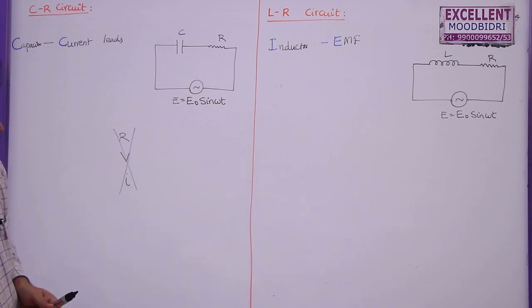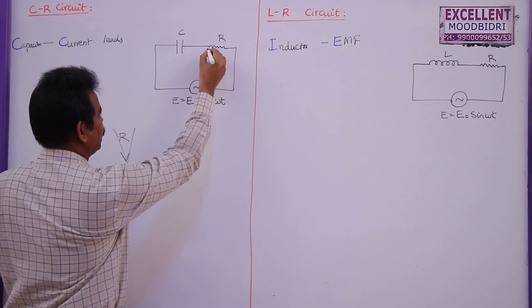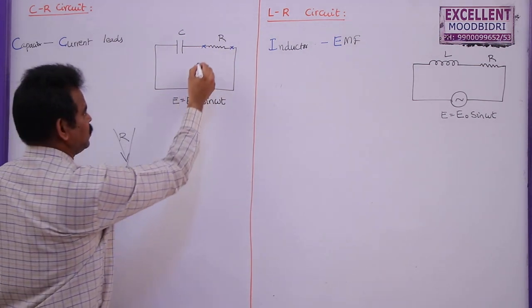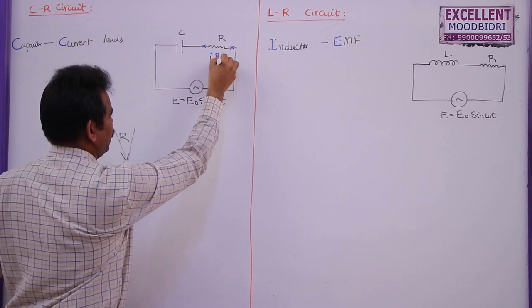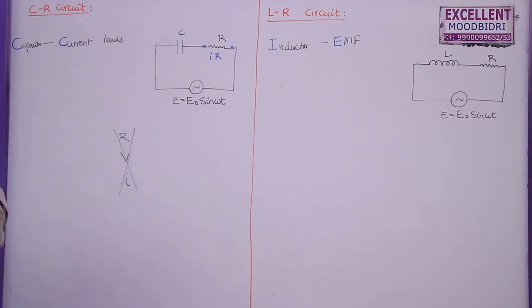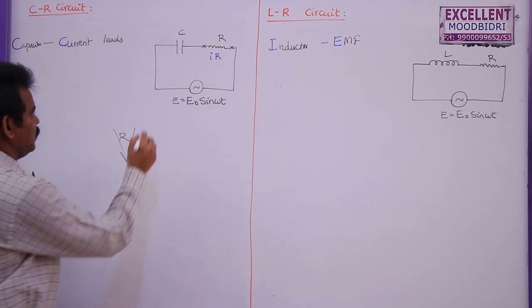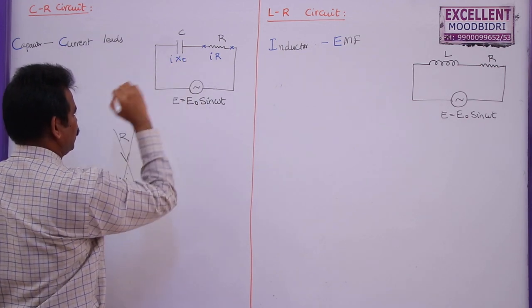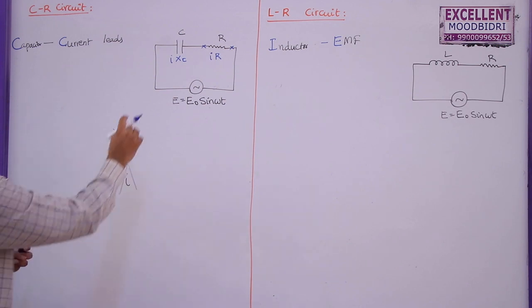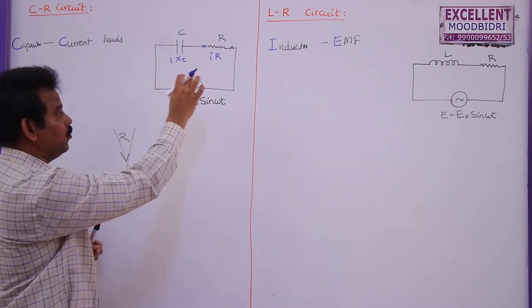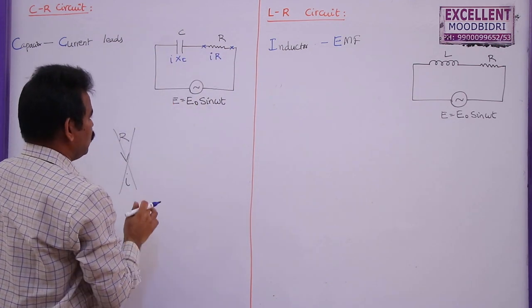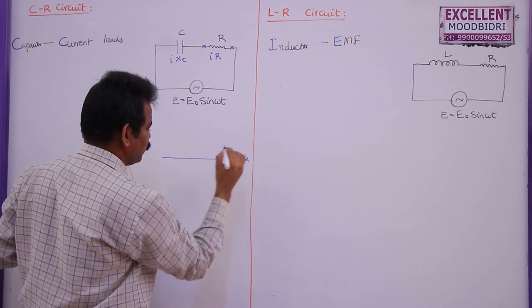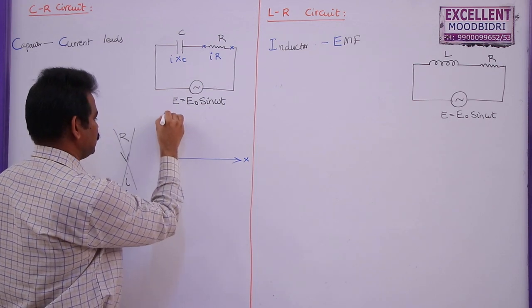So the voltage drop across the resistor, I am going to take it as IR, and the voltage across the capacitor I can take as current into the capacitor reactance, I XC. As it is a series circuit, the same current will flow, so I is the same. Now I am going to draw this circuit here. This is the x-axis and this is the y-axis.